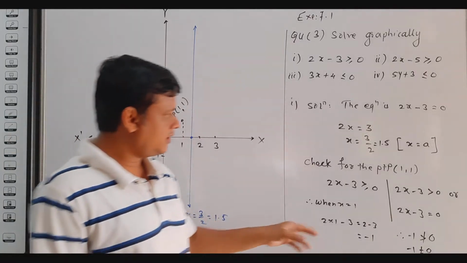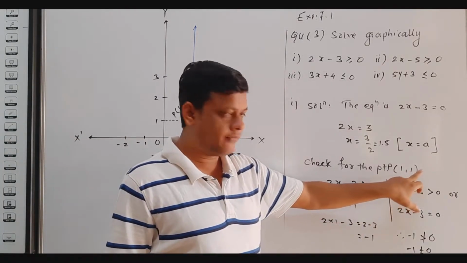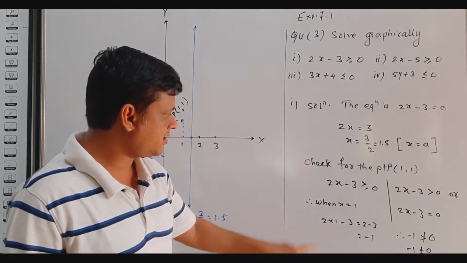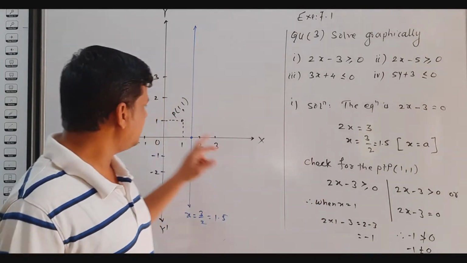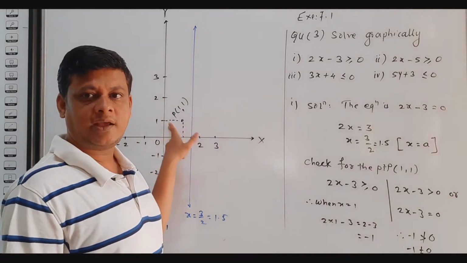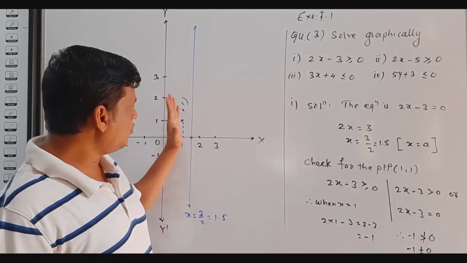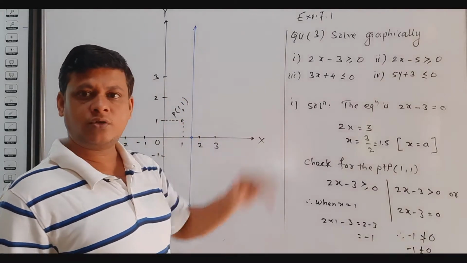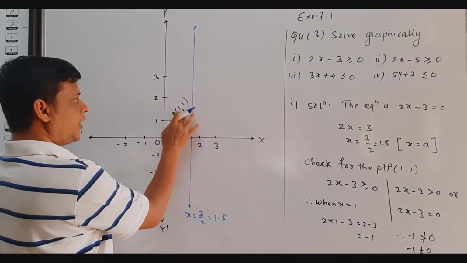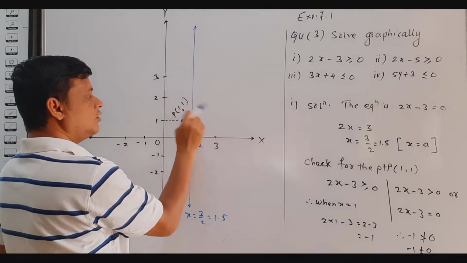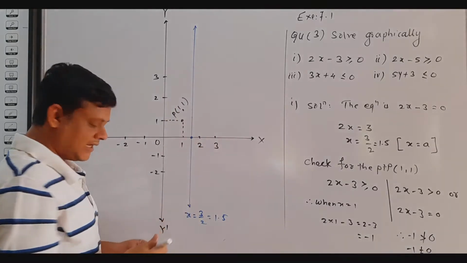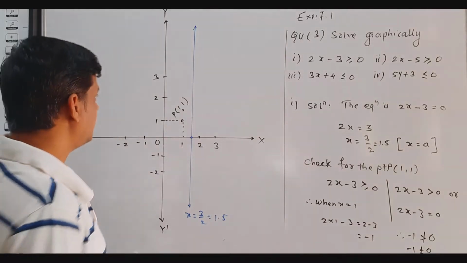Now we check that this point P (1, 1) does not satisfy this inequality, that means this point does not lie in the solution set. So we have to take the opposite side. This point P is left of this line, so the solution set we get is right of that line.